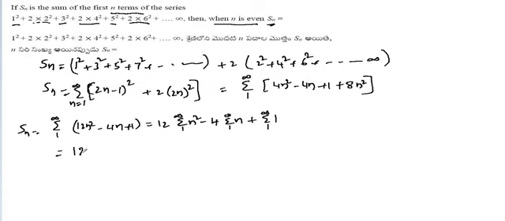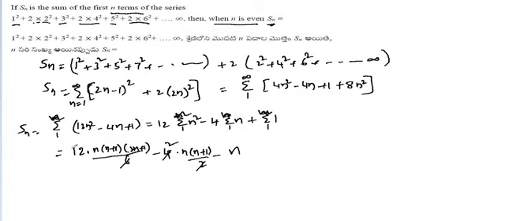That is equal to 12 into n into n plus 1 into 2n plus 1 by 6, minus 4 into n into n plus 1 by 2, plus n. The 2 times cancels with 6, so that is 2n into n plus 1 into 2n plus 1 minus 2n into n plus 1, plus n.